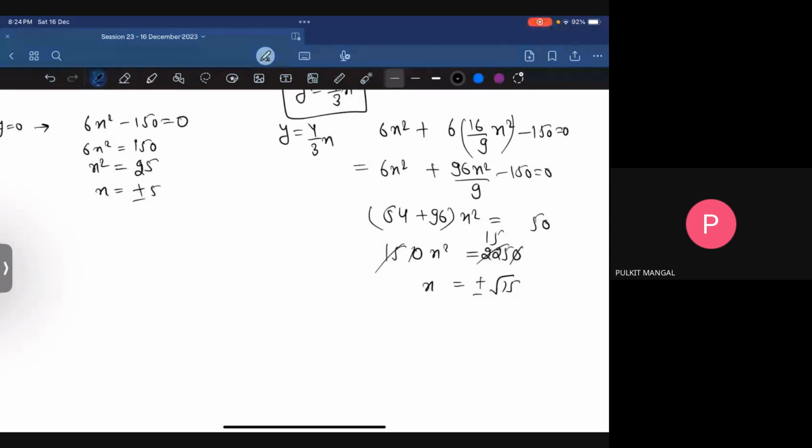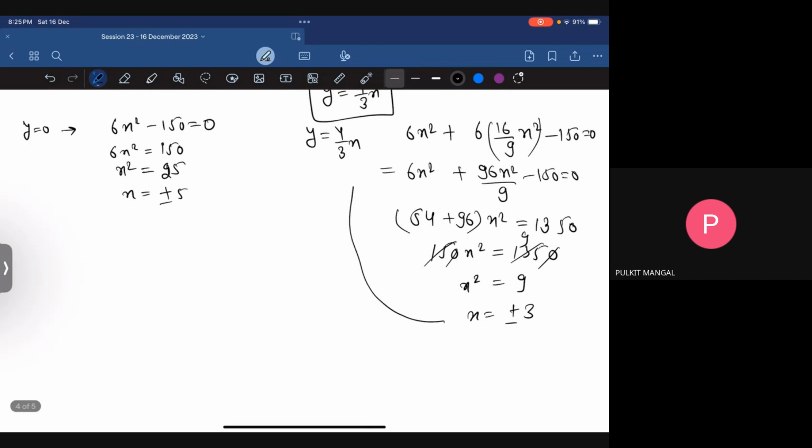It will be 135. So 150x² = 1350, which gives 9 times, x² = 9, x = ±3.